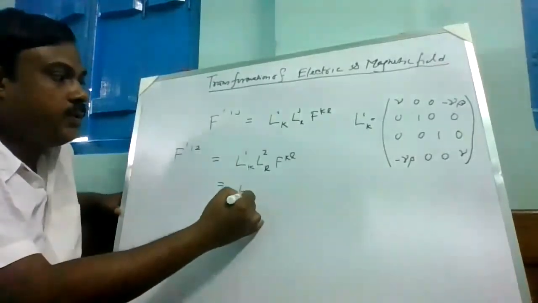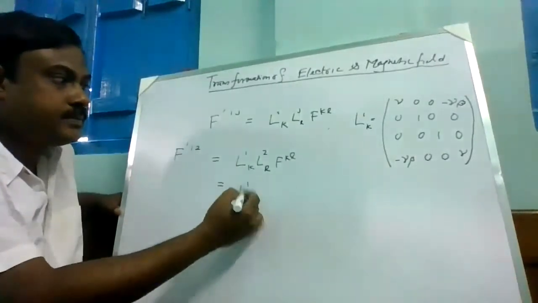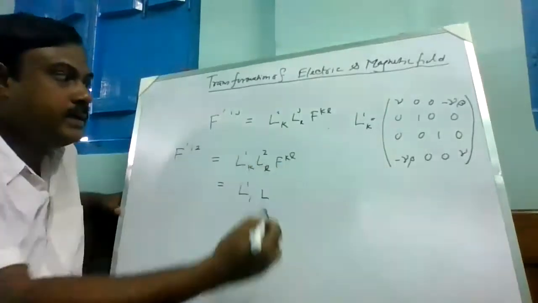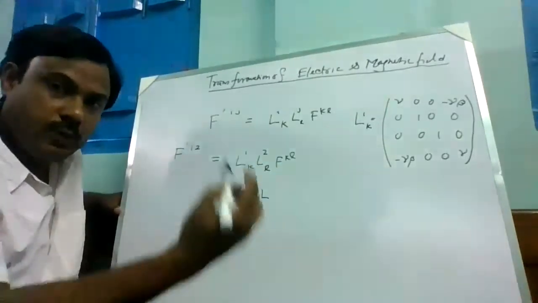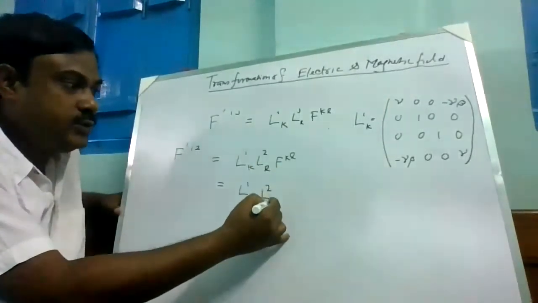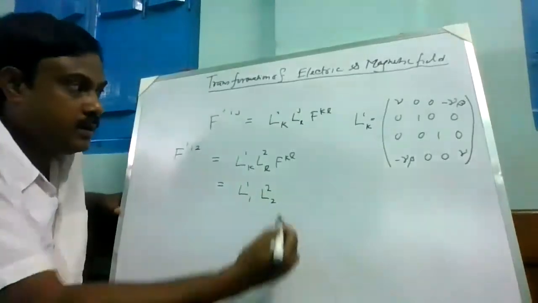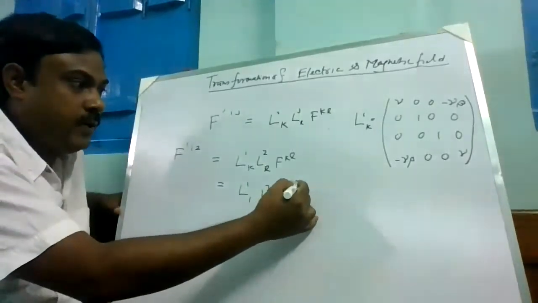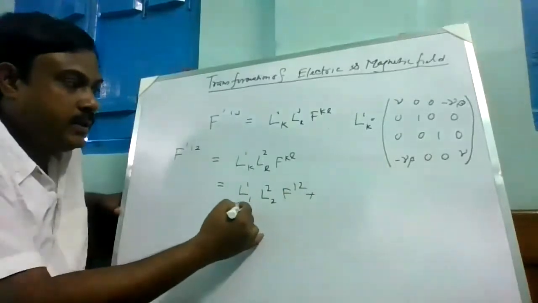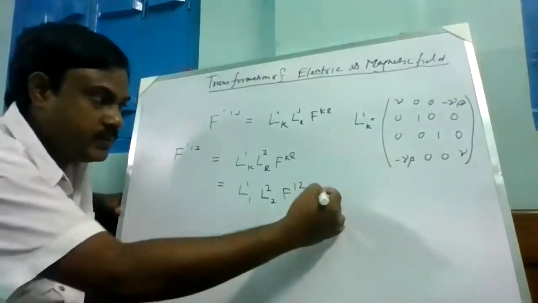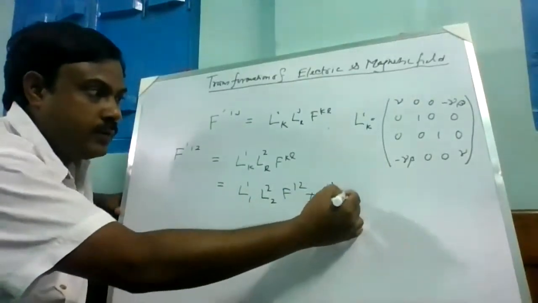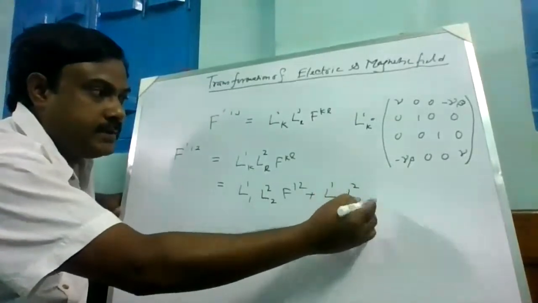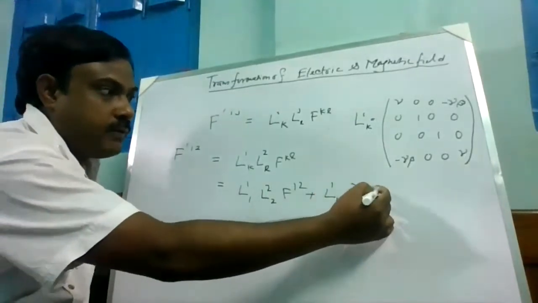Say L11 is there, and for L2 only one term is there, L22. It will be F12 plus L14, L22, so F42.